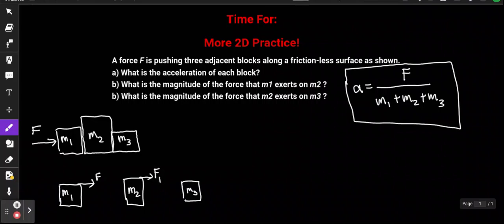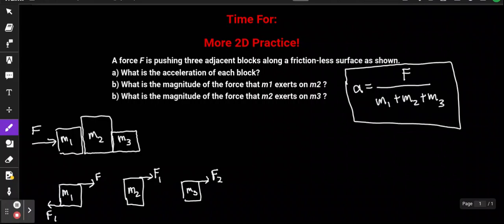According to Newton's third law, if M1 pushes on M2 with a force F1, then M2 must push backwards on M1 with that same force F1. Okay, so now we also know that M2 is pushing upon M3 with an unknown force, let's say F2.